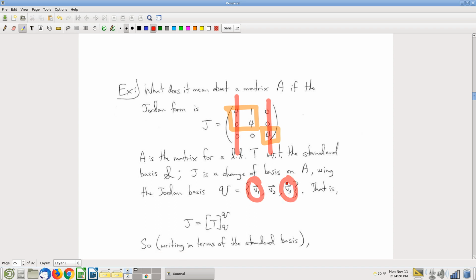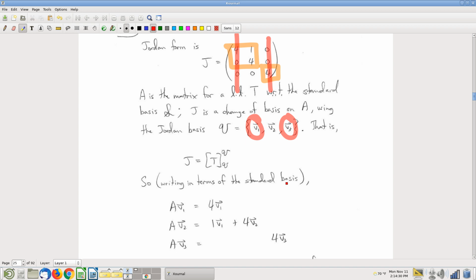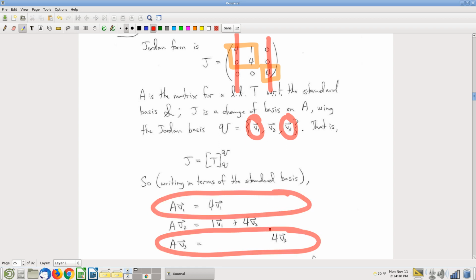And you can see that explicitly if you take these equations, these columns, and write down exactly what they tell you about the linear transformation. Now here, notice, those columns are telling me about what T does. I'm writing in the language of the standard basis here.